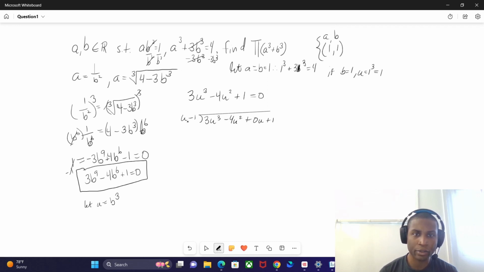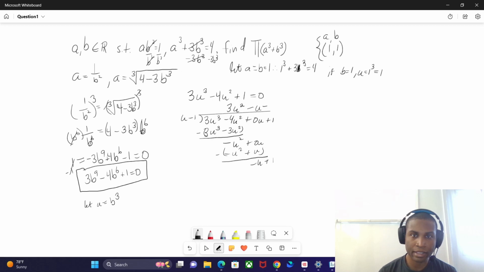Now let's do our polynomial long division. Here is going to be minus 1. So we've just factored this cubic equals 0 into u minus 1 times 3u squared minus u minus 1 equals 0.